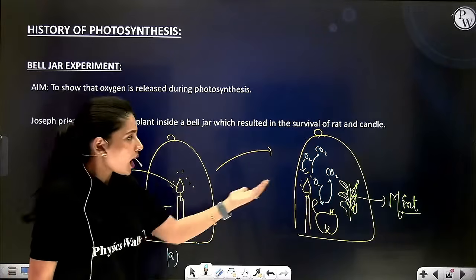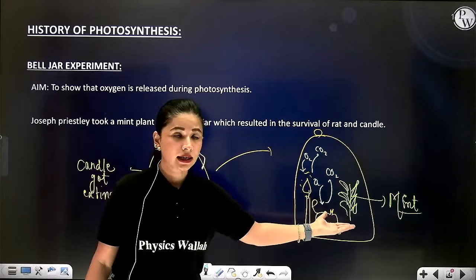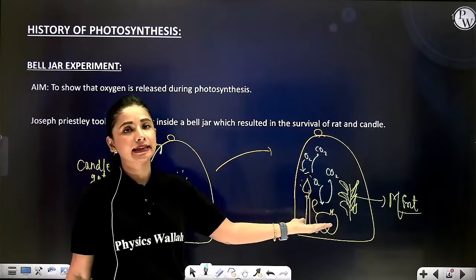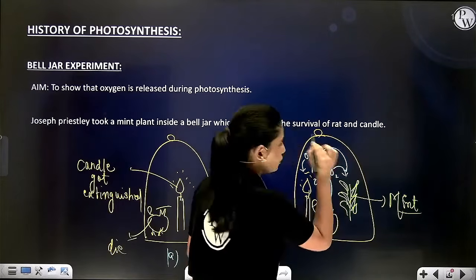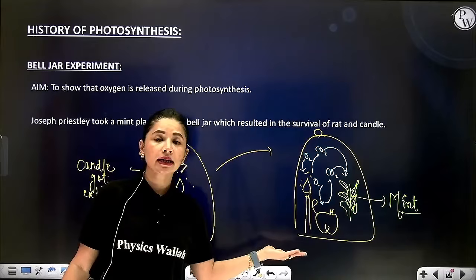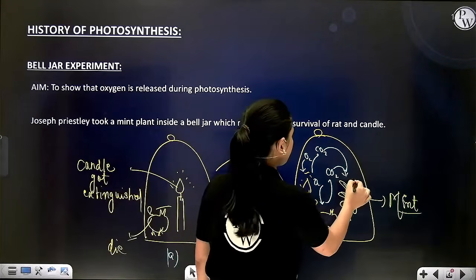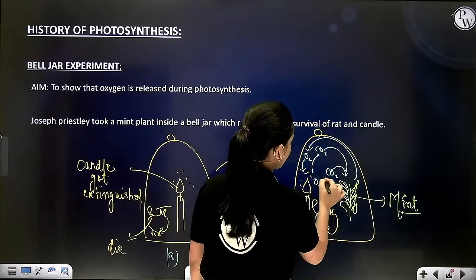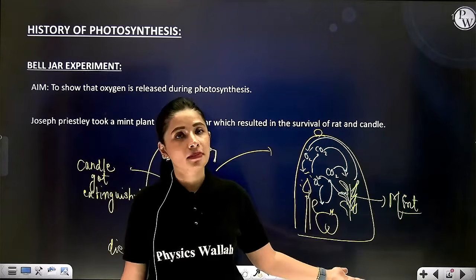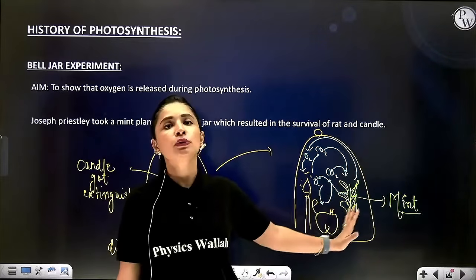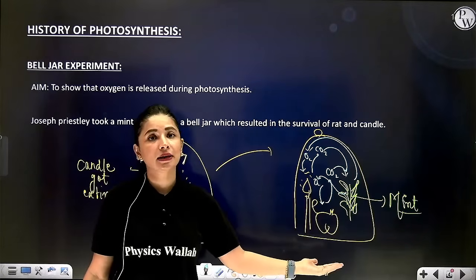However, in the second setup, he kept a mint plant. The mint plant circulated the gases properly by taking in the CO2 released by the burning candle and the mice for photosynthesis. In return, it released oxygen gas, which was then taken up by the candle and the mice, leading to the survival of all three structures kept inside the bell jar.